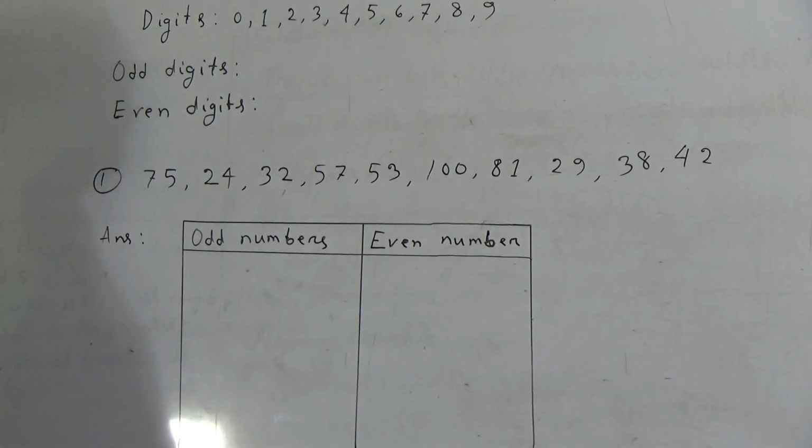Now the question is, what are odd digits and what are even digits? The digits which we can divide into two equal parts are even digits, and the digit which cannot be divided into two equal parts is an odd digit.